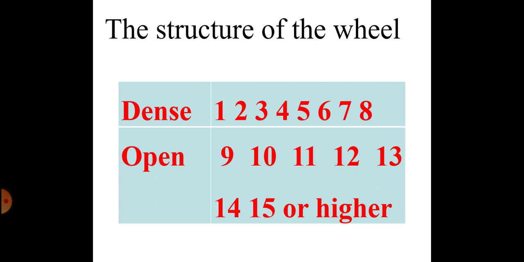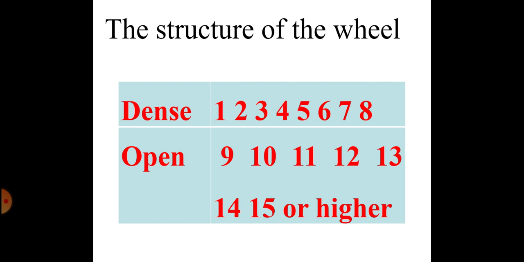The next parameter is the structure of the wheel. The relative spacing between abrasive particles is referred to as structure. The structure has two types, open structure and dense structure. In an open grinding wheel, more space is present between abrasive particles and it has a short life.